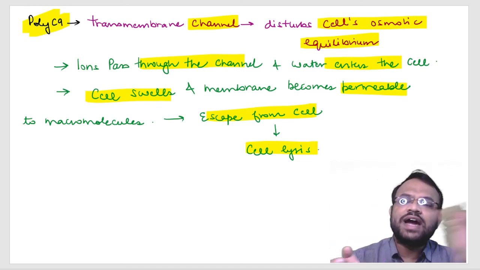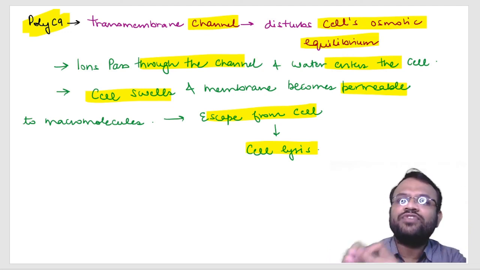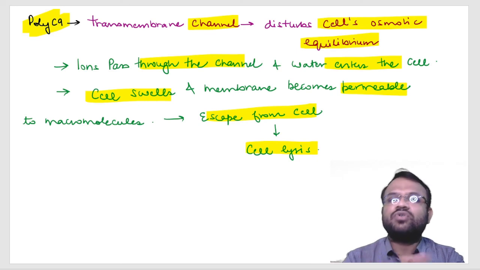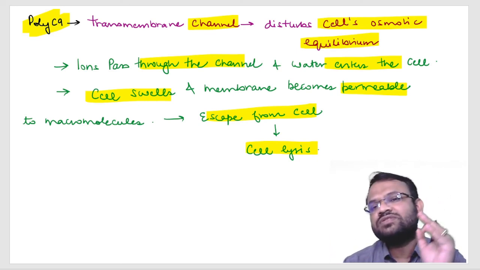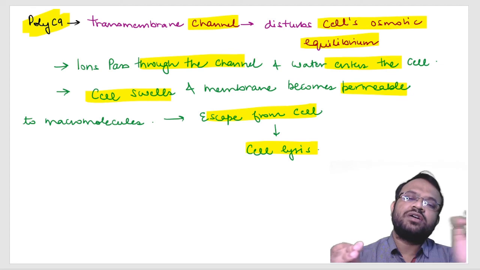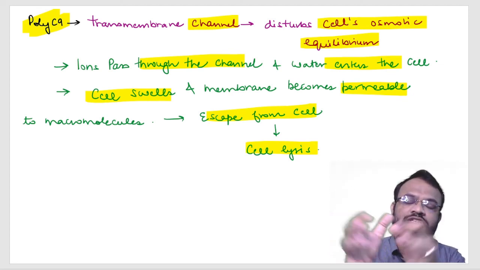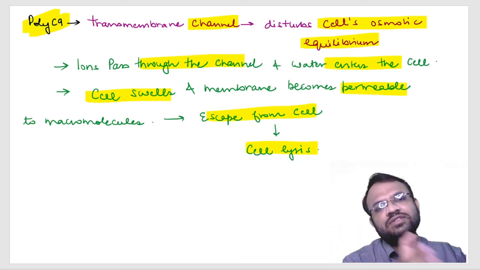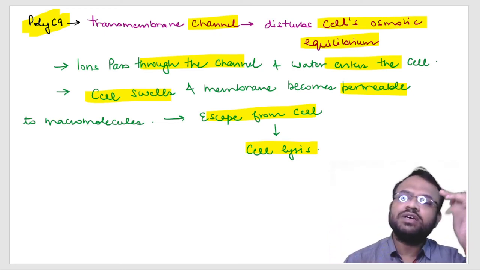C5 convertase added C5b to it, and after C5b, C6, C7, C8 and C9 came, and it caused the cell lysis. In case of the alternative pathway, it started with C3bBb, and after that C3b again came in, and then this will be called the C5 convertase, then C5b will come in, and then again C6, C7, C8, C9. This will be the case.